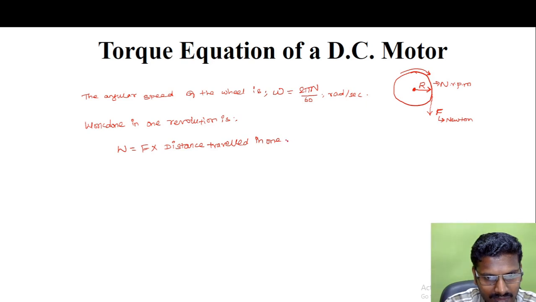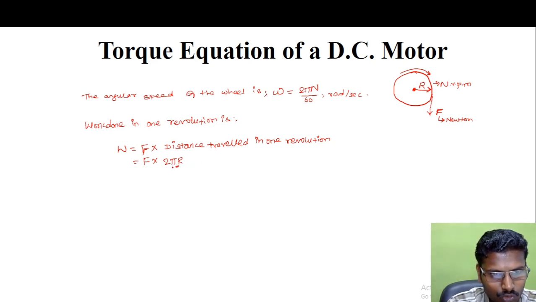Here the distance traveled in one revolution is the circumference of the wheel. So the work done W is equal to F into 2 pi R, where R is the radius and 2 pi R is the distance traveled. So, 2 into pi into R.